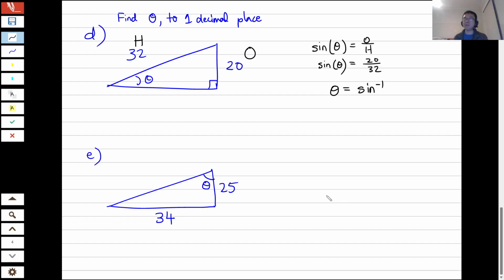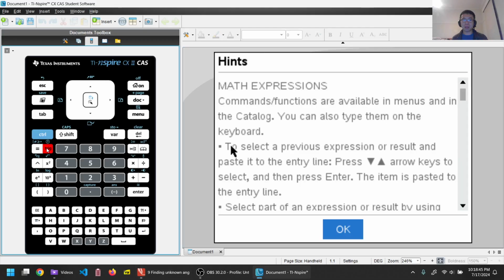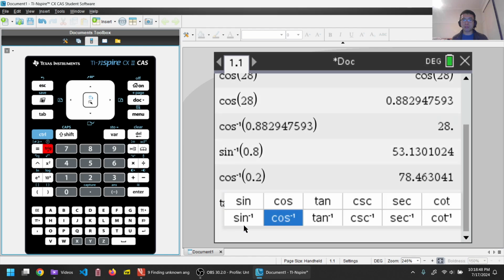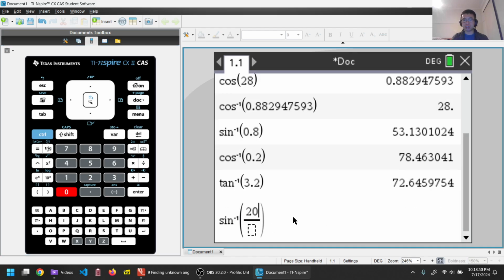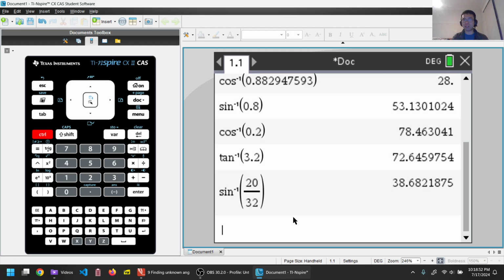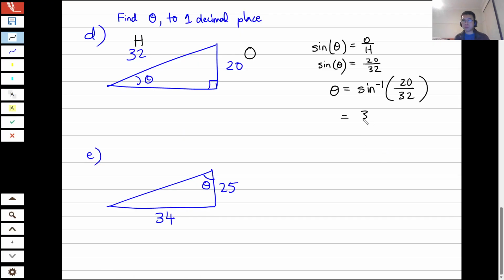And even though that number is now written as a fraction, I can still do that with inverse sine. So this is what I'm going to type into my calculator. Inverse sine of the fraction 20 divided by 32. This gives me 38.68. And if I round this to 1 decimal place, I get 38.7.